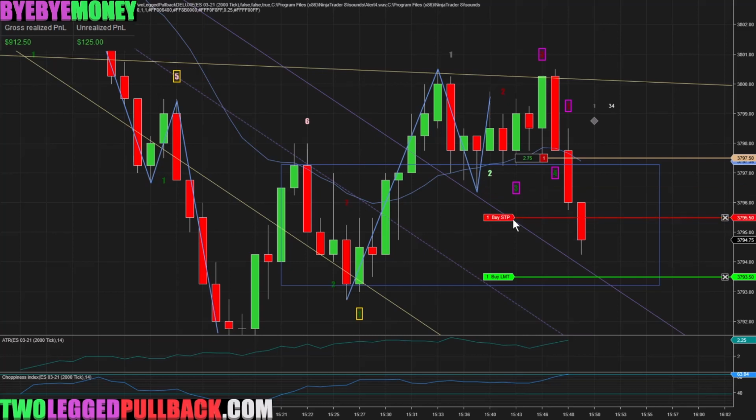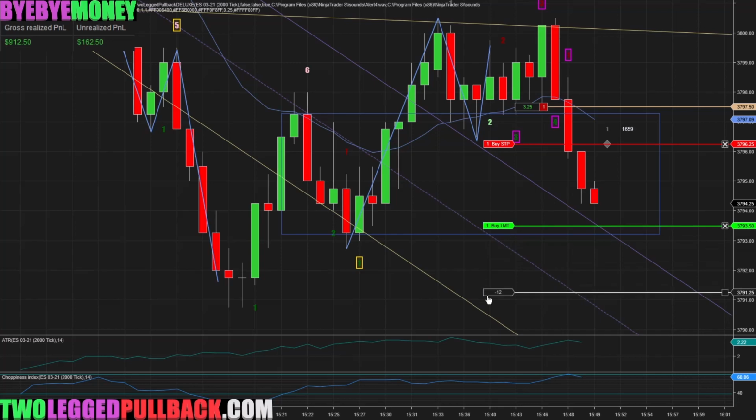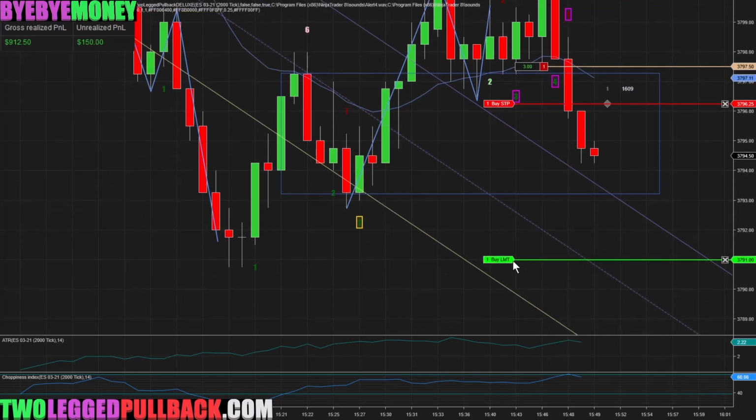Let's guarantee 2 points here. Actually, I'm willing to do this for any reversal. I'll just get out on the next reversal, which could be here, but it gives me more than a point.